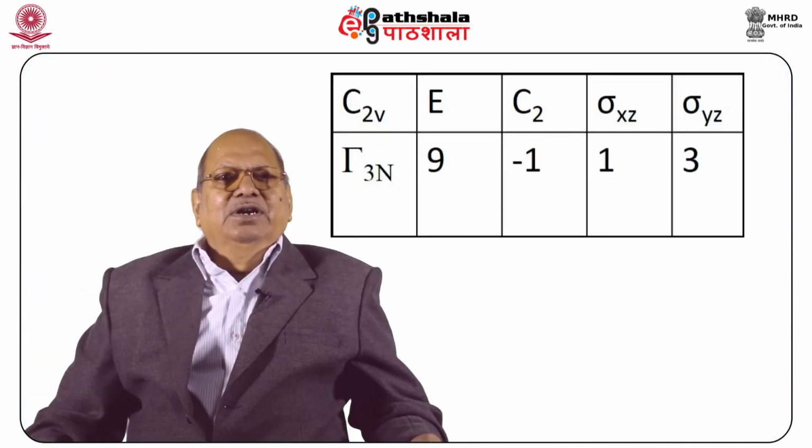Then calculate chi r for every unshifted atom for every symmetry operation, taking one from each class. These contributions will be the same for operation R in every point group when taking 3n vectors as the basis. Gamma 3n can be written in tabular form as shown in the table.